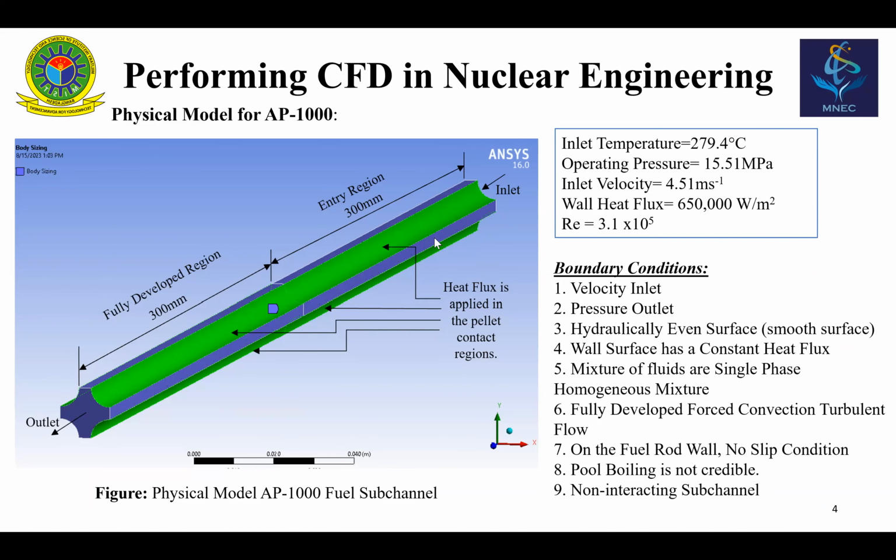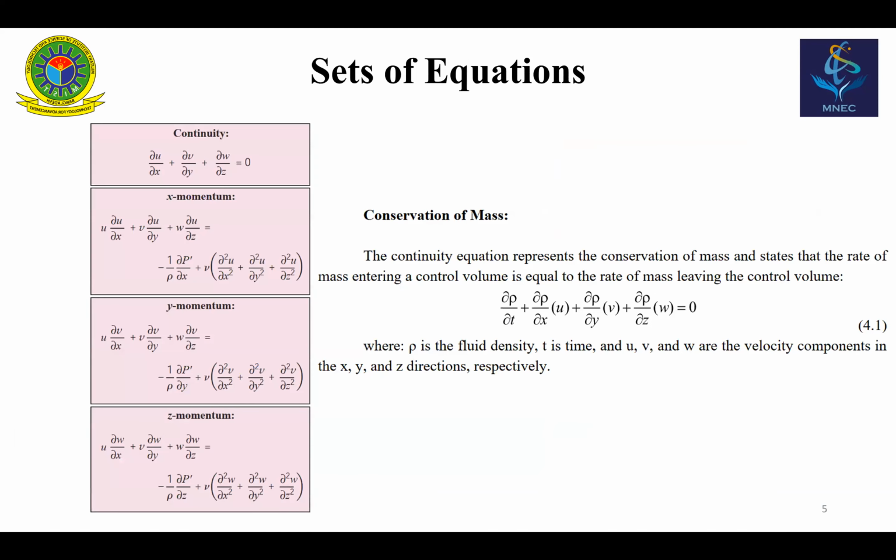In that computational domain, we have sets of equations, and these sets of equations give us an idea of what our global properties and integral properties will be within that computational fluid domain. That's how we perform the thermal hydraulic analysis.